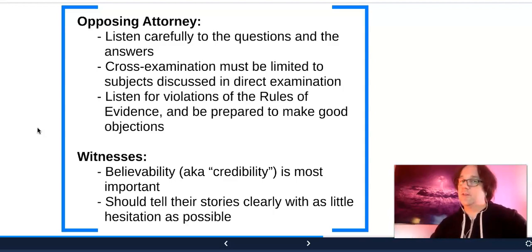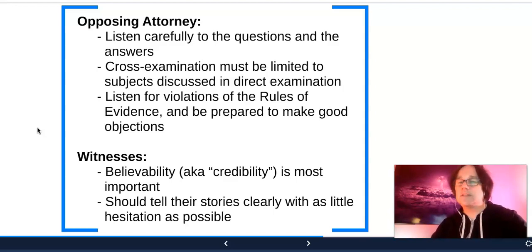So if a topic was not mentioned in direct examination, then you can't ask about it on cross-examination. So pay attention to the questions that are being asked so you know what you can ask on cross-exam. Also, listen out for violations of the rules of evidence and be prepared to make good objections to lines of questioning that happen during direct examination.